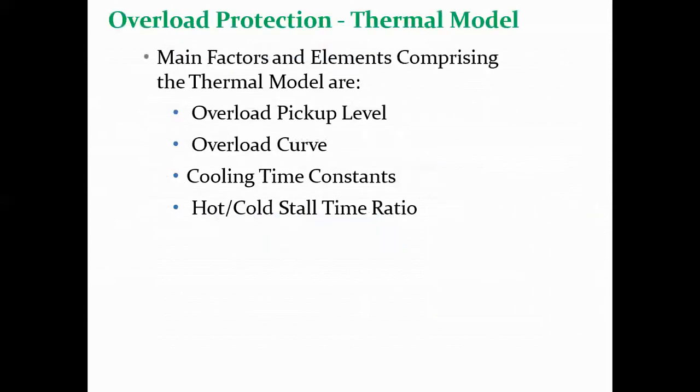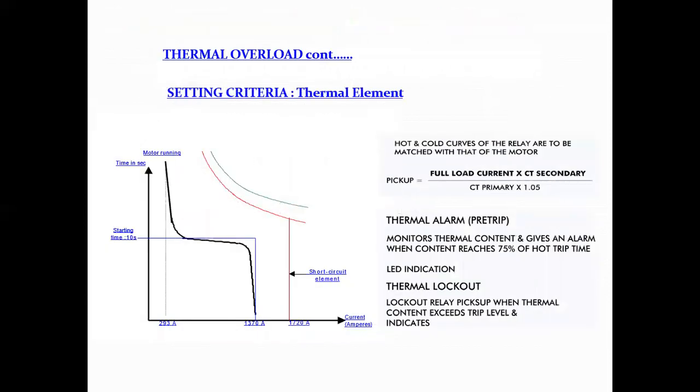The overload protection thermal model. The main factors and elements comprising the thermal model are overload pickup level, overload curve, cooling time constant, and hot and cold stall time ratio. The thermal overload setting criteria for the thermal element: hot and cold curves of the relay are to be matched with those of the motor, and pickup current is equal to full load current into CT secondary rating upon CT primary, multiplied by 1.05.